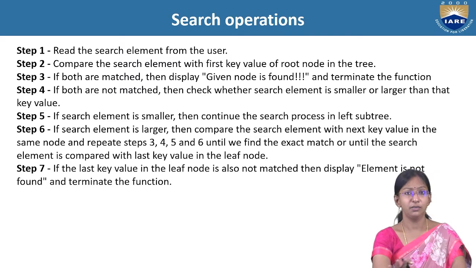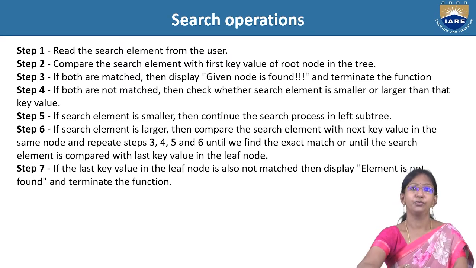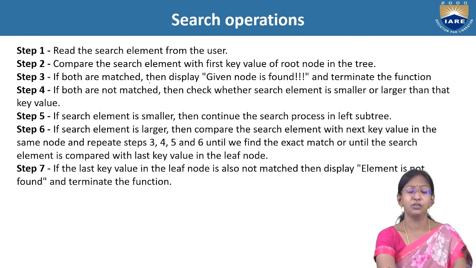That is the basic search operation. First, whatever the search key, read the root key and compare it with the root. If it is a match, then go to step 3: the node is found, and terminate the function.